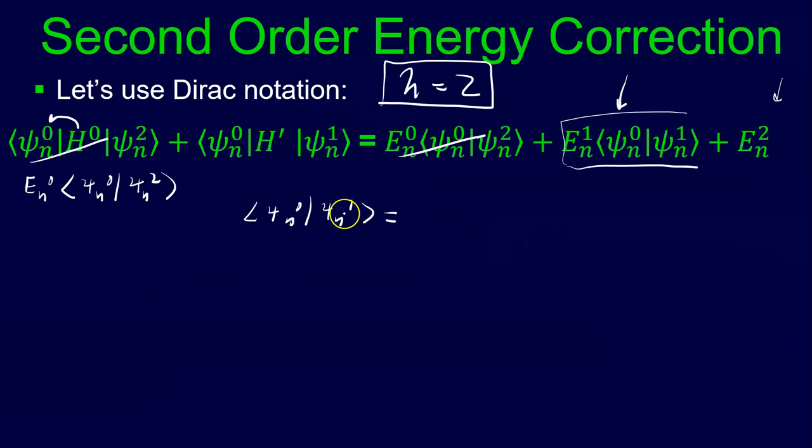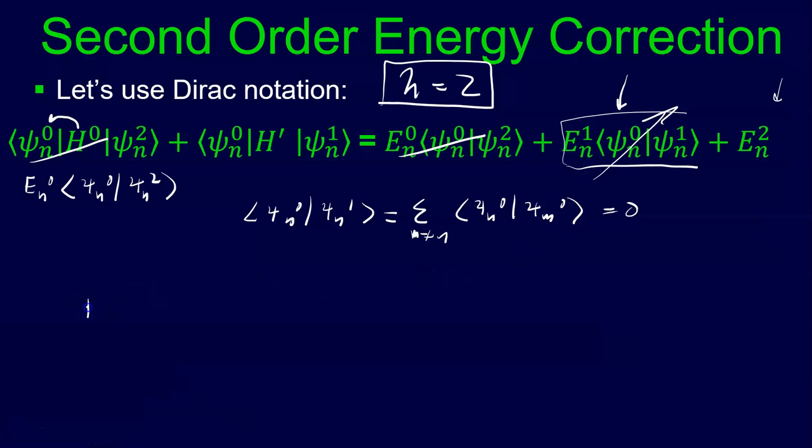So I can express this as the sum over m not equal to n of psi n 0 with psi m 0. These are eigenstates of the unperturbed Hamiltonian, so they're orthonormal to each other, and because we don't include the term when m equals n, this just goes to 0. Another nice artifact of that decision we made.